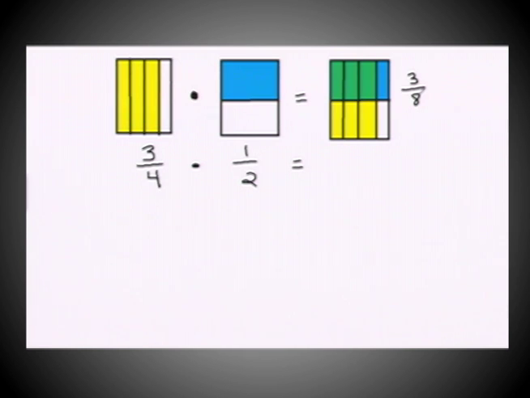And if you use the rule that we learned, which is multiply straight across, so multiply numerator with numerator and denominator with denominator, you have 3 times 1 divided by 4 times 2, which gives us the fraction 3/8.